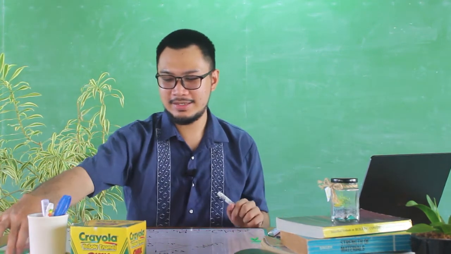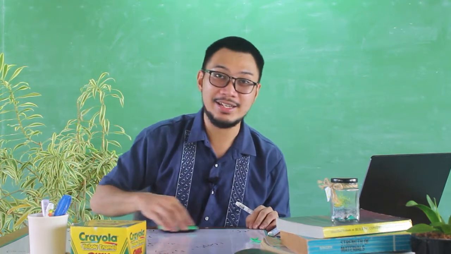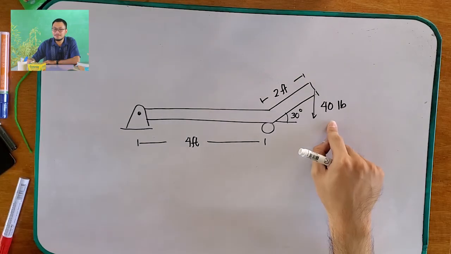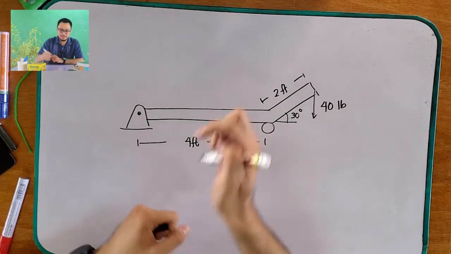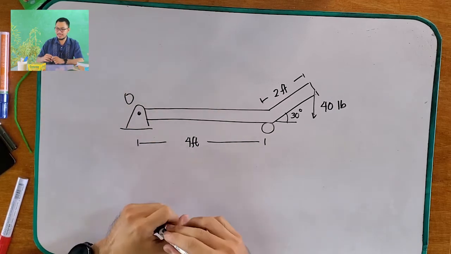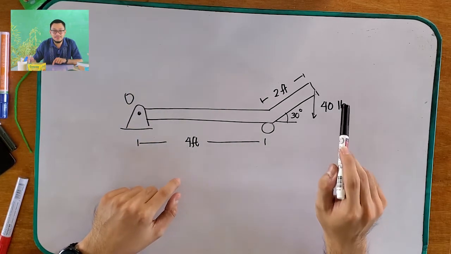Understood? Let's have two basic examples. Now it's just a single moment from a single force. A very easy example. The problem is we have to determine the moment of this 40 pounds about point O. Again, the moment of this 40 pounds about point O. What are we going to do?